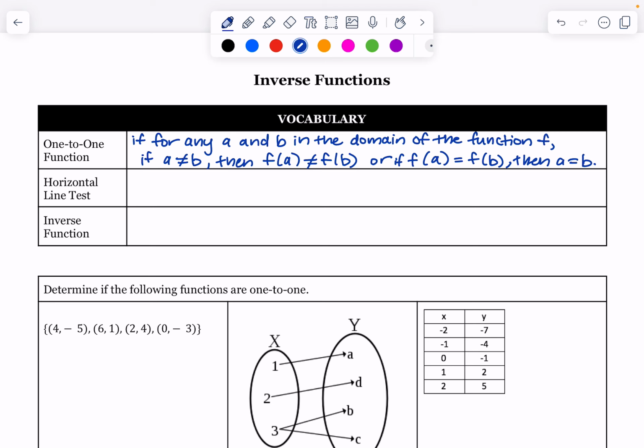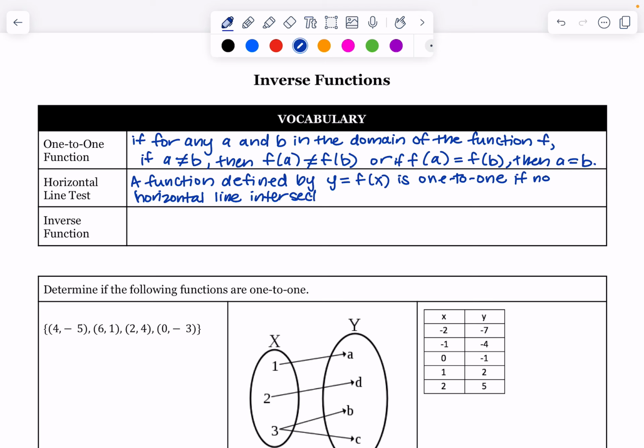A horizontal line test: a function defined by y equals f of x is one-to-one if no horizontal line intersects the graph in more than one point.